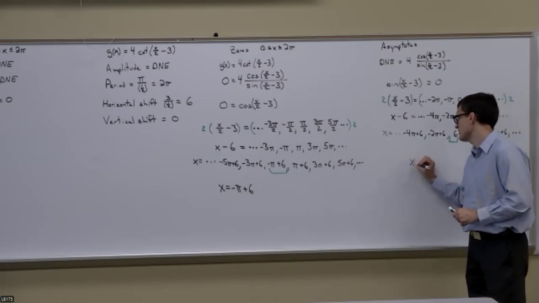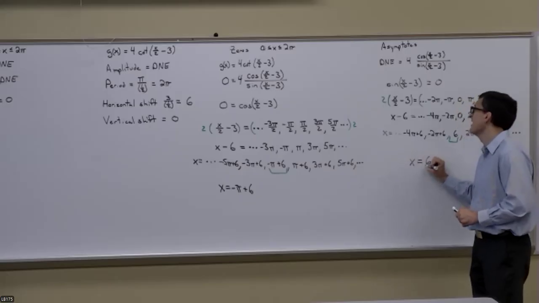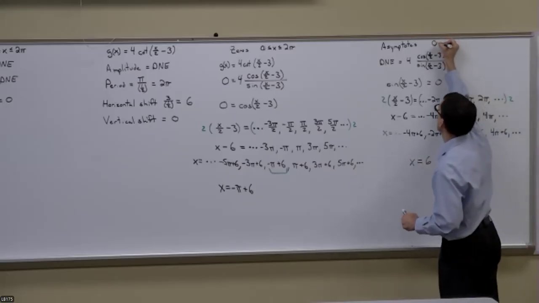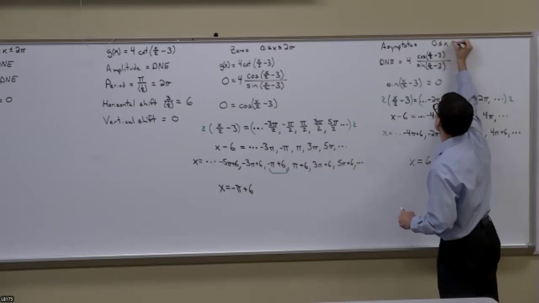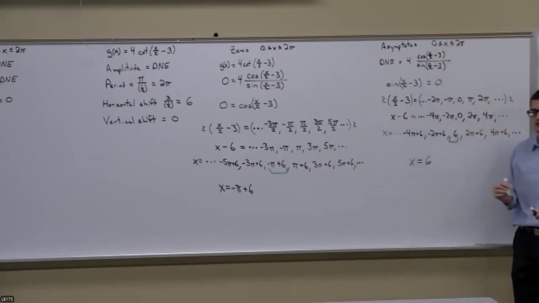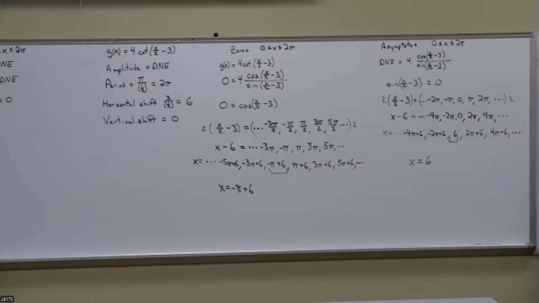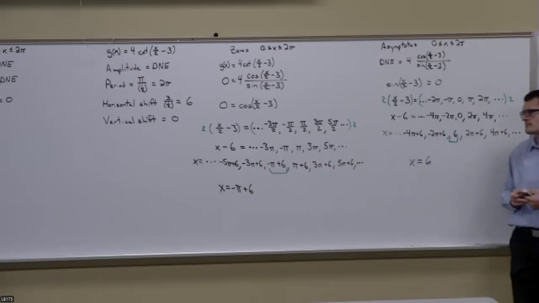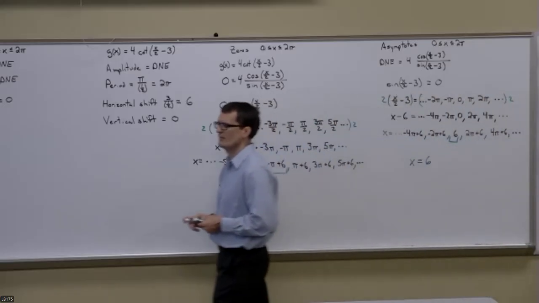So I'm just looking for asymptotes between x values of 0 and 2 pi. The only option is 6. It's the only asymptote between 0 and 2 pi. That makes sense?